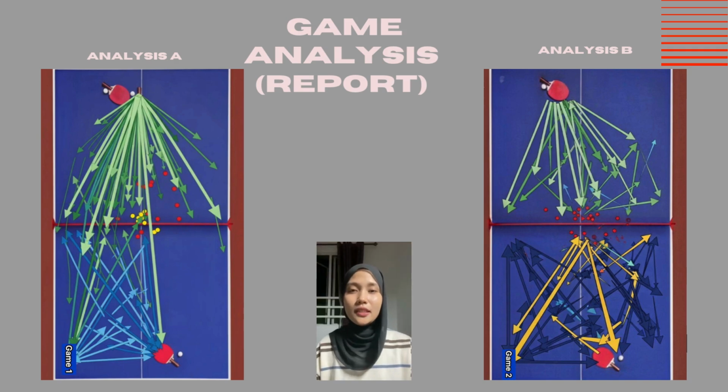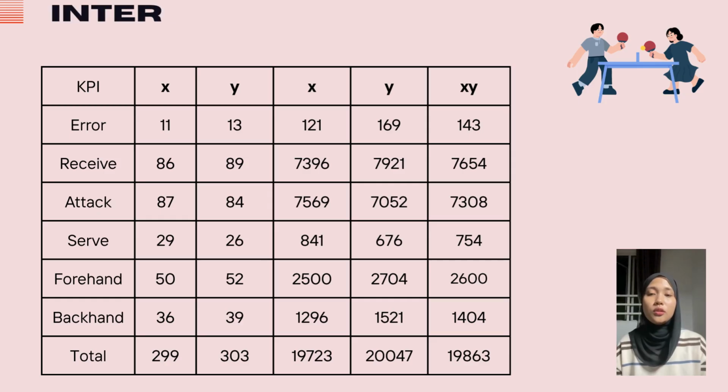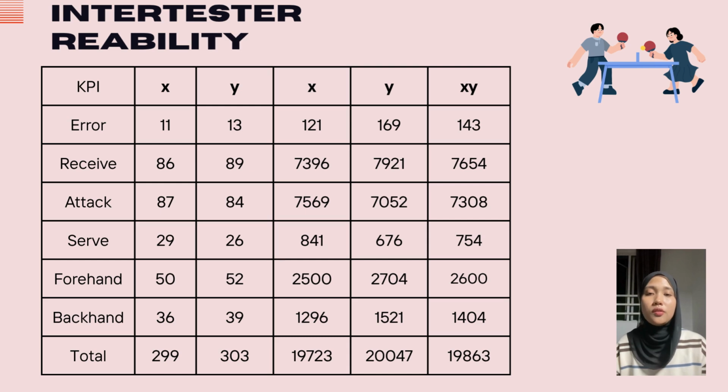The slide presents the inter-tester reliability analysis conducted to determine the consistency between 2 analysts when recording the table tennis match during the notational analysis method. The table compares the frequency of 6 key performance indicators, which are error, receive, attack, serve, forehand stroke, and backhand stroke, recorded by both analyst A and analyst B. As we can see, the values recorded by both analysts are very similar.